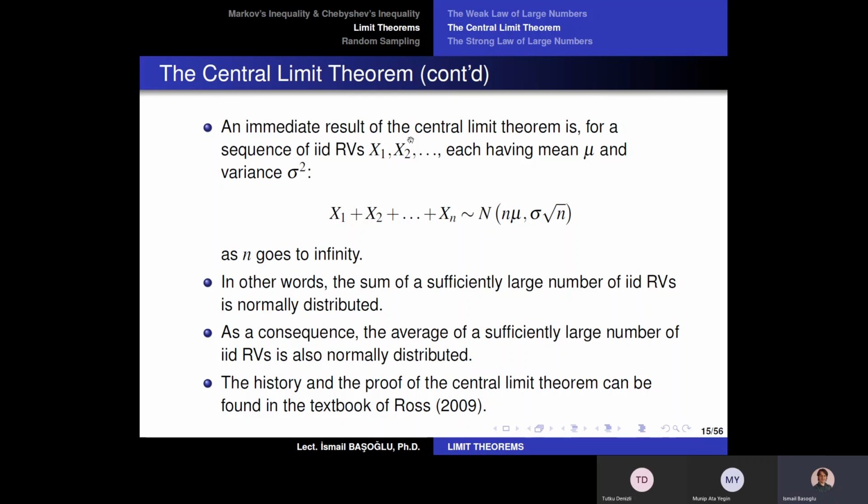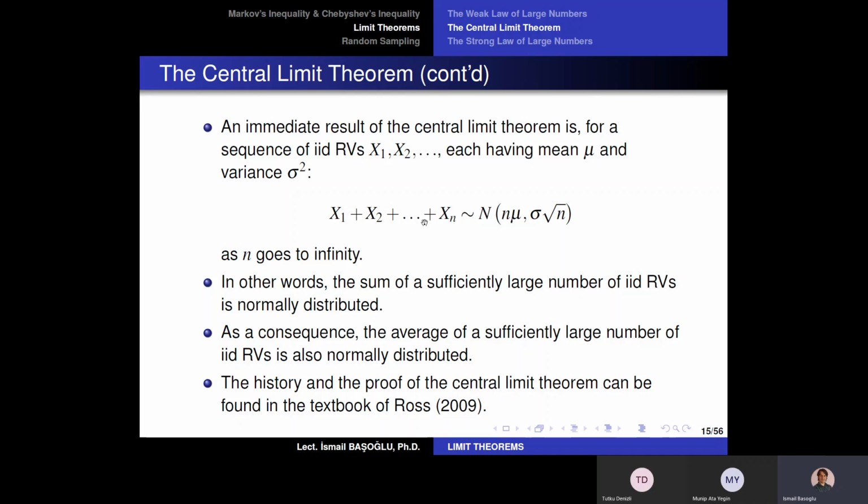Now, as I have shown you on the paint, the central limit theorem states that x1 plus x2 plus x3 until xn is going to behave as a normal distribution with location parameter n mu and scale parameter sigma times square root of n, because this is the expected value of the sum and this is the standard deviation of the sum.